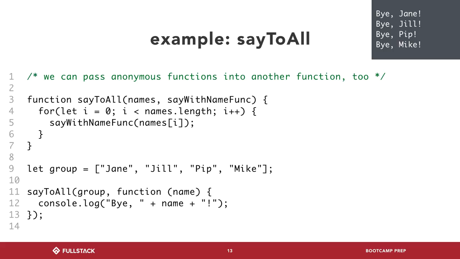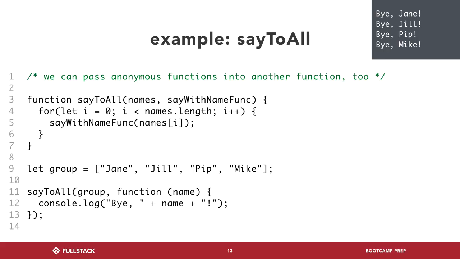On line 11, that anonymous function, we're not running it just yet. It's actually being run on line 5, because after we pass in to say to all, after line 3, say with name func becomes that anonymous function. So when we execute say with name func on line 5, we are actually invoking that anonymous function.